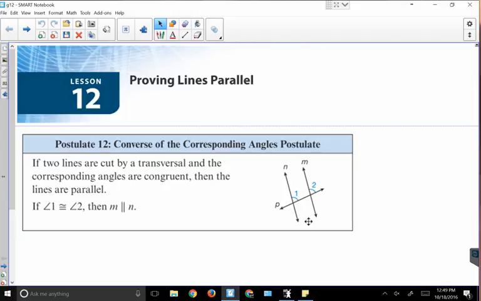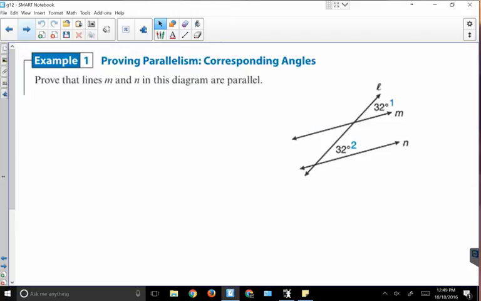So, let's take a look at some more of this stuff. Are these lines parallel? Do they have to be parallel? Why? Okay, so both angles are congruent, yeah, that's fine, but that doesn't tell me anything about the lines being parallel, does it?